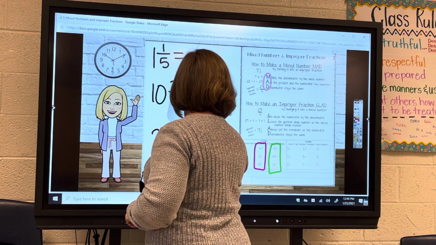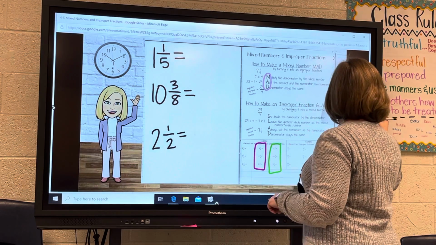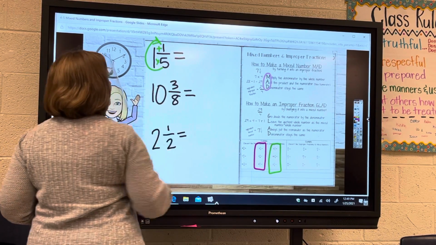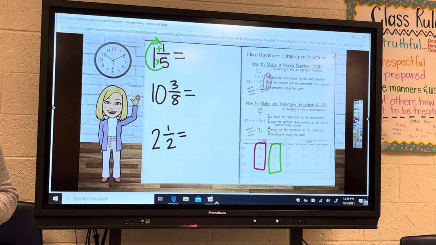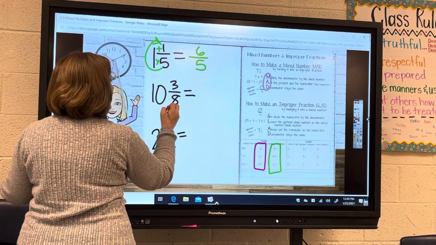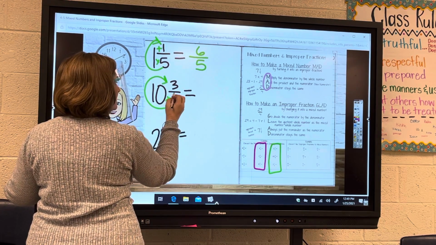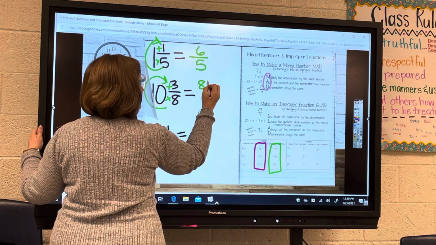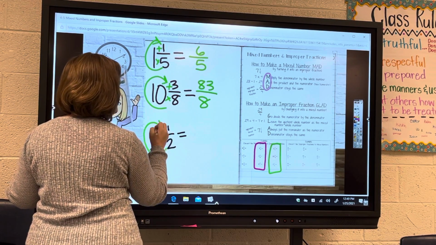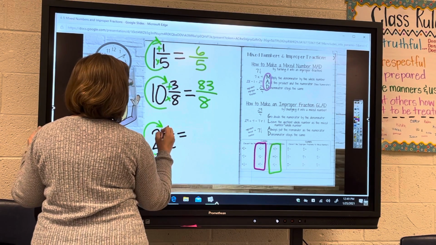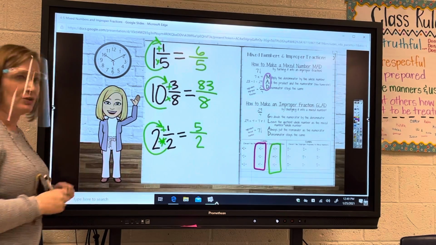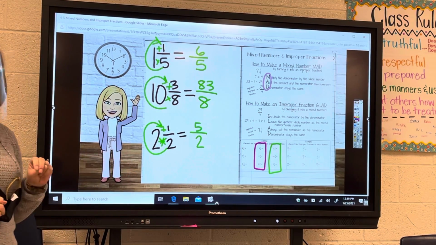I never realized. 34 over 9, I didn't notice. 21 over 8, I didn't notice. 5 times 1 is 5, plus 1 is 6. 8 times 10 is 80, plus 3 is 83. What's my denominator? 8. 2 times 2 is 4, plus 1 is 5. What's my denominator? 2. All right, check your work.